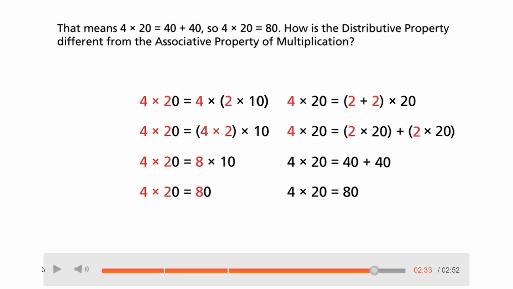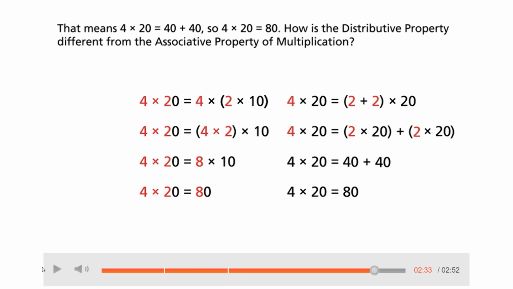But for the associative property, what they did was they didn't decompose one factor into the sum of two of its parts. They took one factor and they broke it down into your number times the group of 10 that we're working with. So instead of doing 4 times 20, they did 4 times 2 groups of 10s.